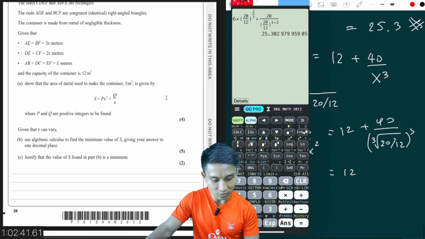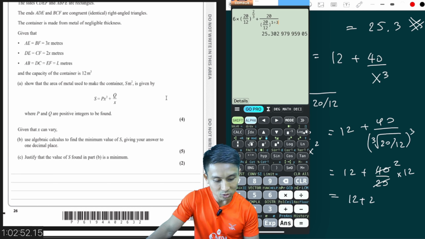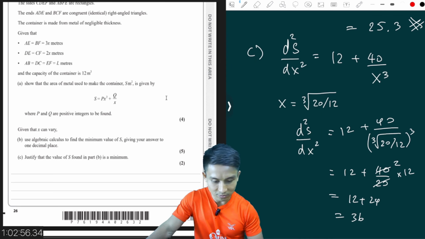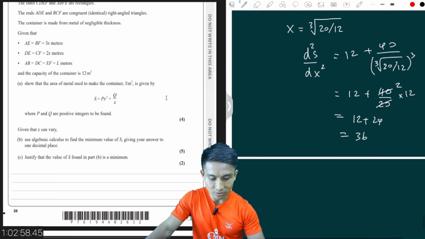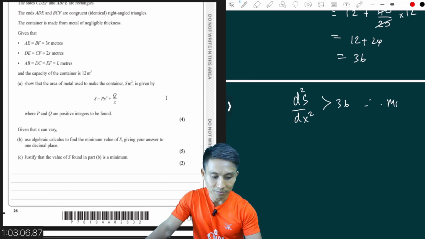So it's going to be 12 plus, that would be 20 over 12, and that would just be 40 over 20 times 12 instead. So that is 12 plus 24, that is 36, which is greater than 0. So d squared s by dx squared is greater than 0, therefore a minimum. As required.